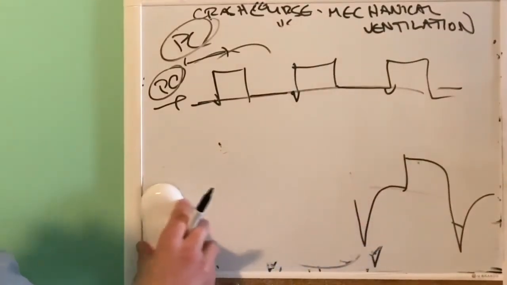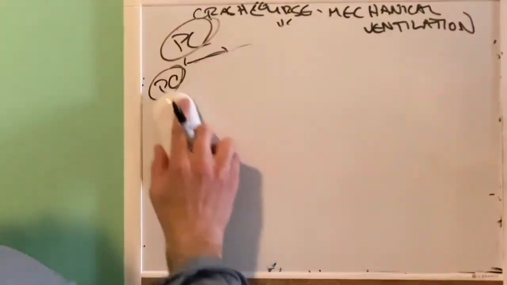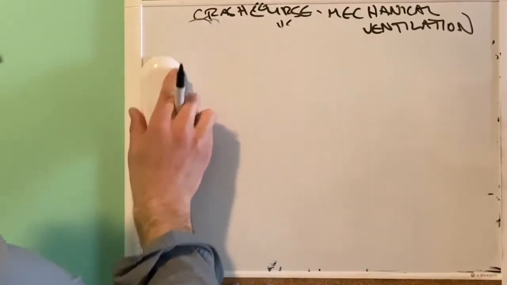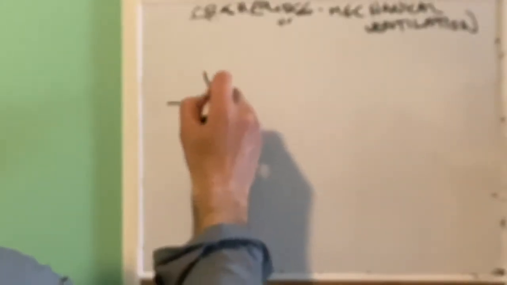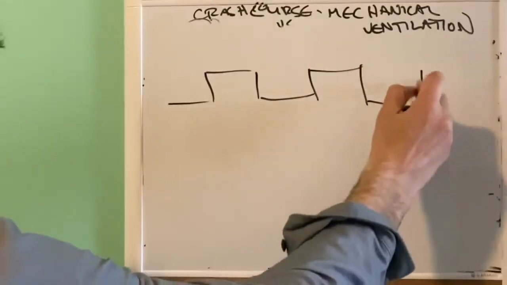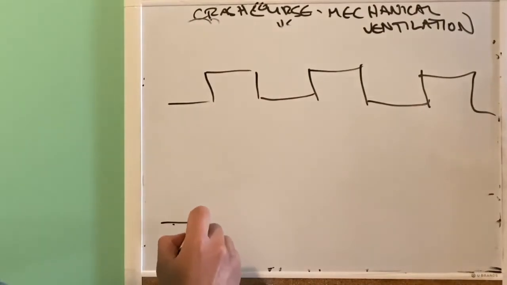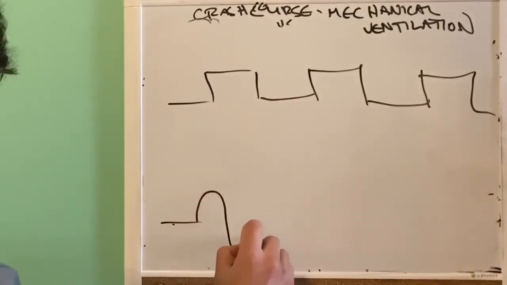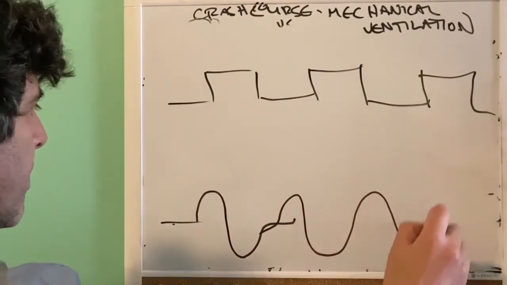The main thing is to understand what the normal scalars are, because then you can start working through what these abnormal scalars are. I can give you something dramatic, where all of a sudden you're looking at the flow curve and you're seeing this.